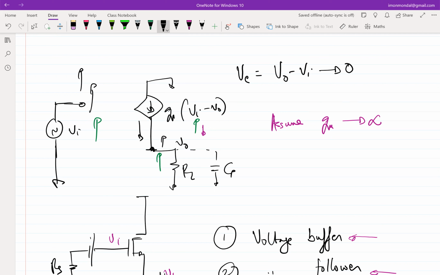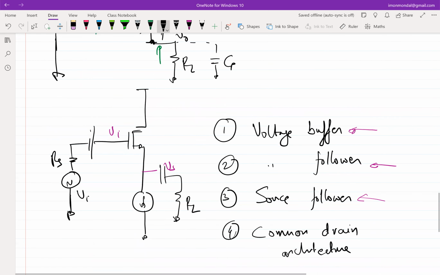Just like we had a common source architecture where the source was grounded and we were applying between gate and source and observing between drain and source. Here we are applying the input between gate and a short, where the short is the drain, and the output we are observing between source and the drain, which is shorted. So it's called a common drain architecture.